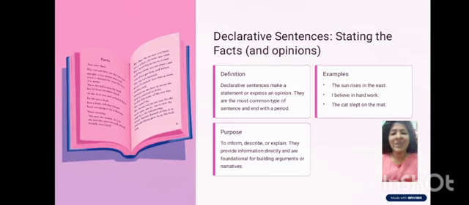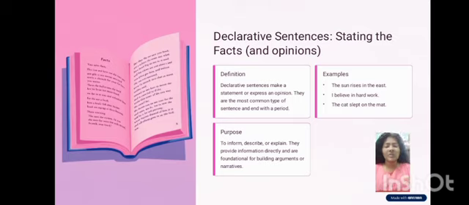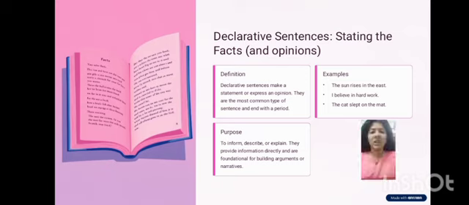As it is the most commonly used sentence form, the declarative sentence helps in constructing narratives, explanations, reports, and academic writing by providing clarity and logical flow of information.